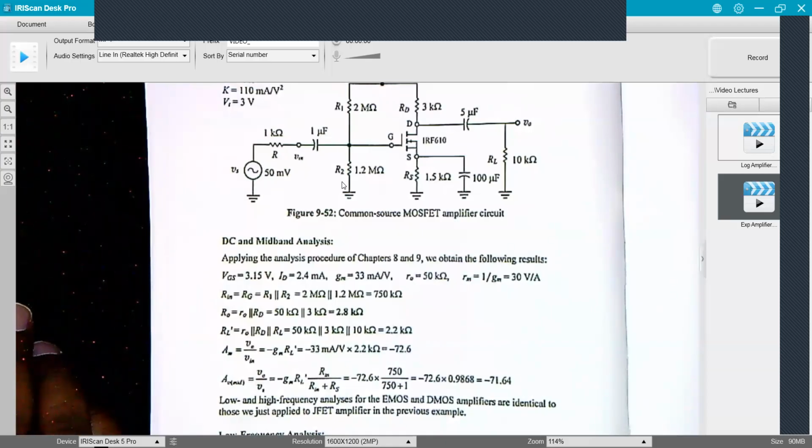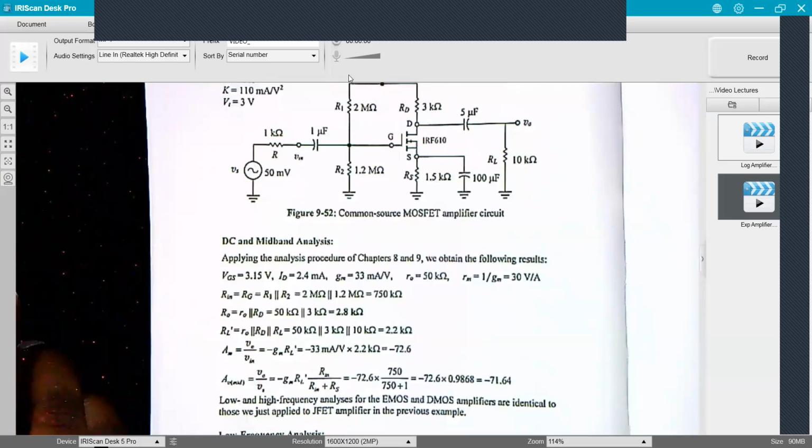When we calculate our input impedance, we can do the voltage division between the input impedance and Rs and calculate how much of this 50 millivolts actually shows up at this node and gets amplified. When we got that, we can calculate what our Vout is. We can always calculate the gain without knowing any of this, because the gain is just the ratio of this voltage to this voltage, which we can calculate even if we don't have an input connected.